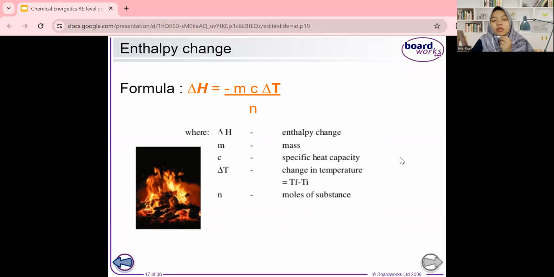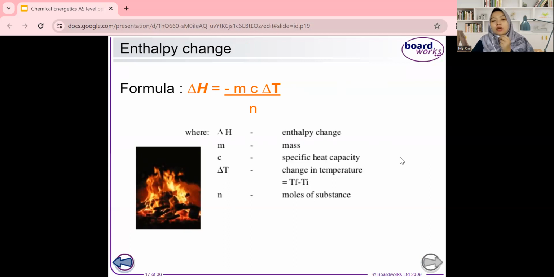So the difference between Q and delta H is that for delta H, you have a negative or minus symbol in front of your formula. So be careful: what is the question asking you? And since the enthalpy change is affected by the moles, it should be over moles, or usually delta H is measured per 1 mole. If it is 1 mole, just replace n with 1.